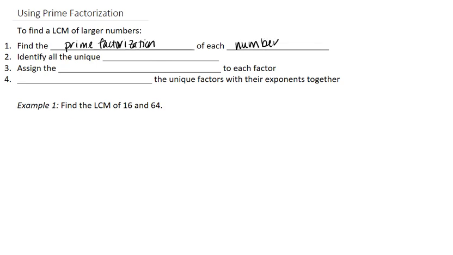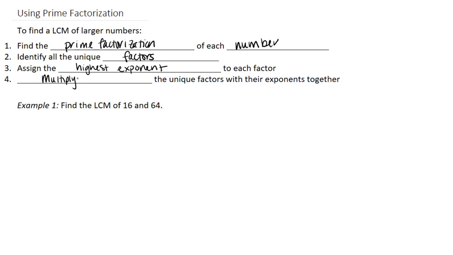Then we will identify all the unique factors, and then we will assign the highest exponent to each factor. And then we will lastly multiply the unique factors with the exponents together.